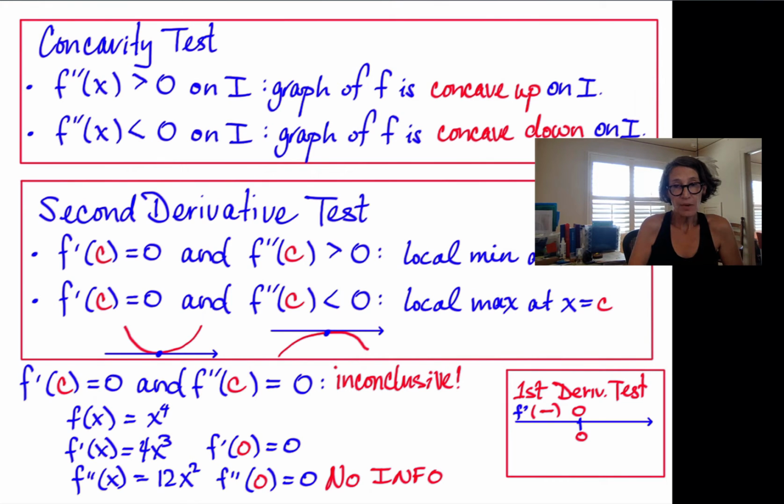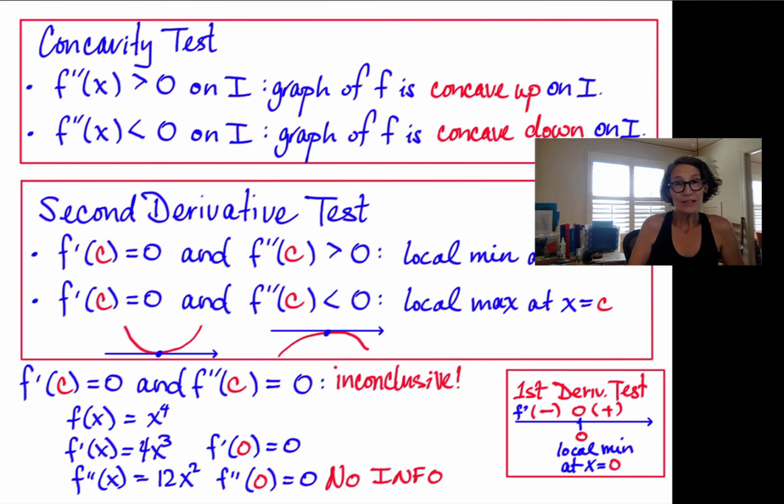And then you plug in a positive number into the first derivative, say +1, you get +4, so it's positive over there. So we see, using the first derivative test, that we do have a local min at x equals 0. So the first derivative test always works. The second derivative test, even though it's easy, it doesn't always apply.